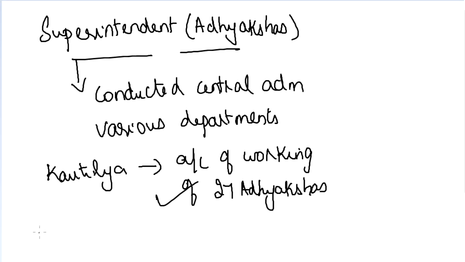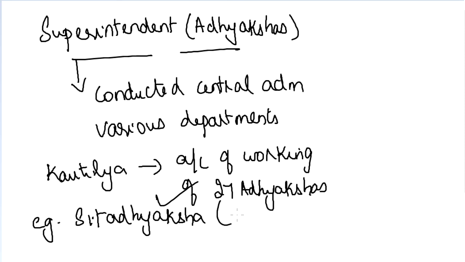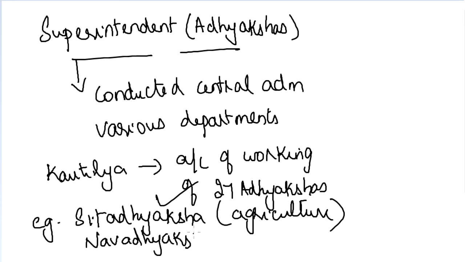Some examples of these Adhyakshas: Sitadhyaksha, the superintendent of agriculture of crown land or government agricultural farms. Then there was Navadhyaksha, the superintendent of ports, who controlled traffic of waterways.